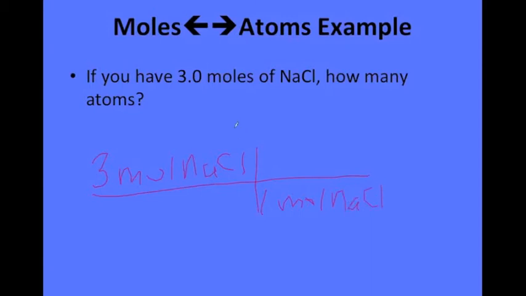Right on top, you're going to put 6.02 e to the 23rd, which is Avogadro's number. And when you multiply all that out, you are going to get 1.8 e to the 24th atoms of NaCl.